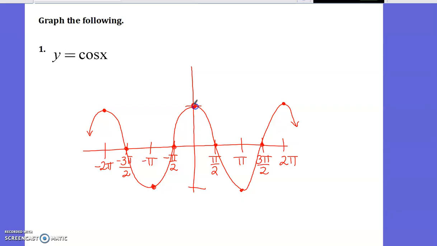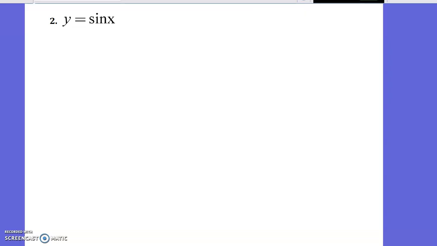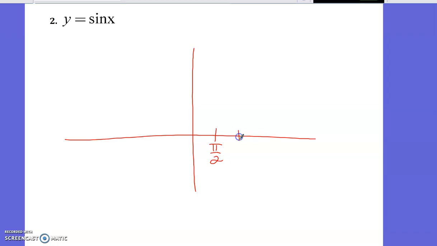Again, remember this starts at the top, and we're labeling our number line like this for the parent function. That x-axis might change if we do transformations to our x. Now let's look at sine. Sine is going to have the same labeling along the x-axis.